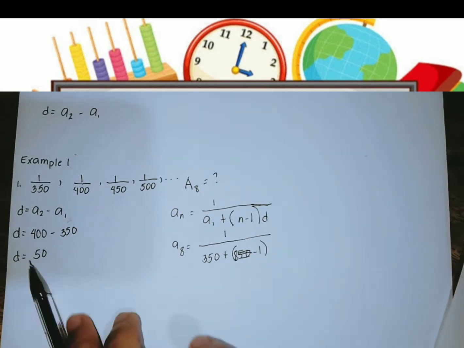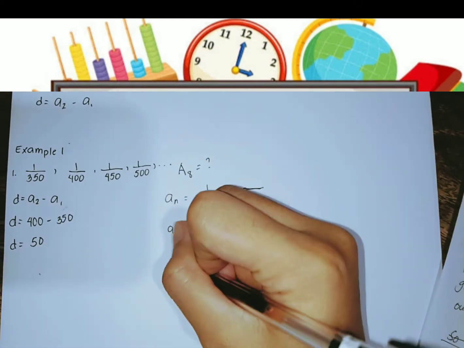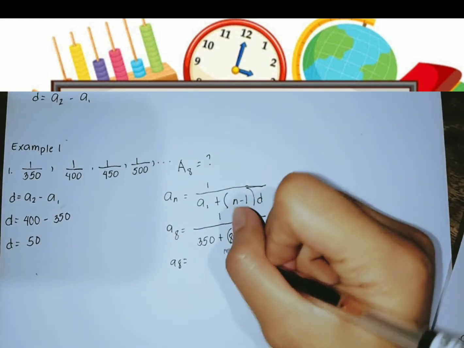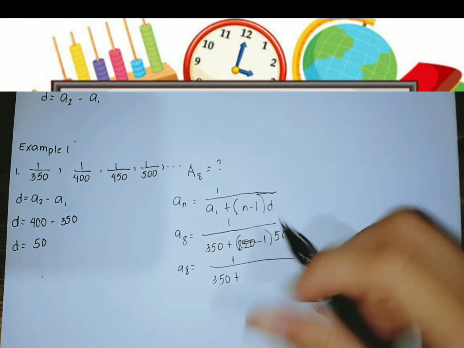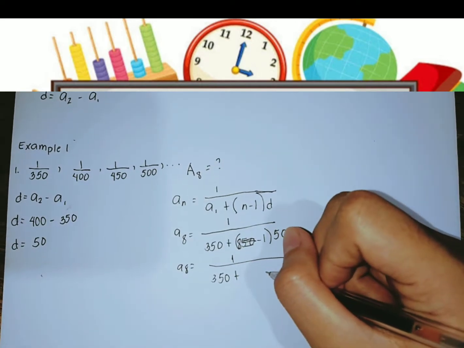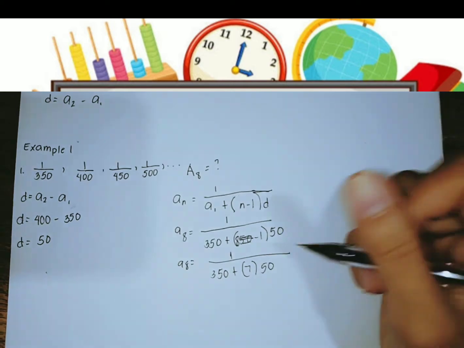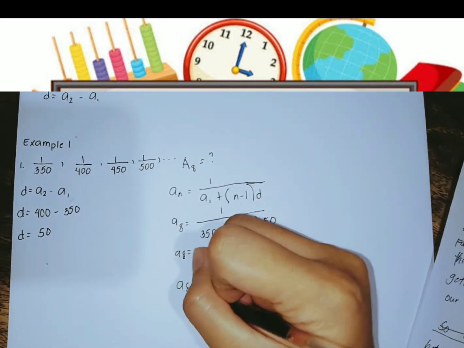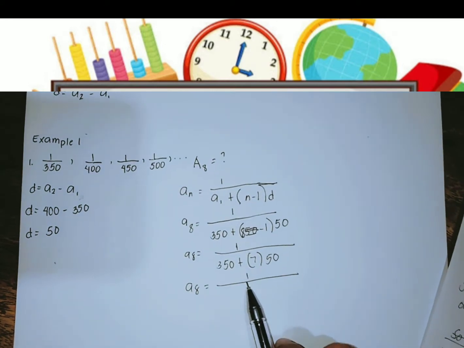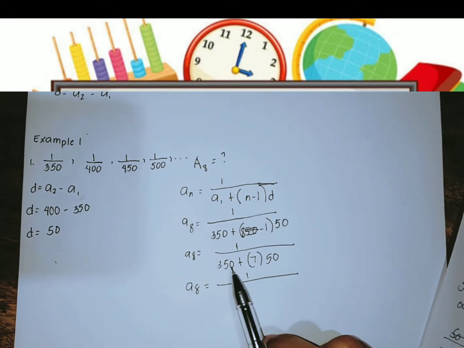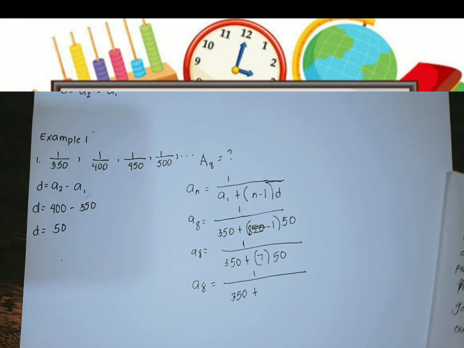And our d is 50. So a sub 8 is equal to 1 divided by 350 plus 8 minus 1, which is 7, times 50.